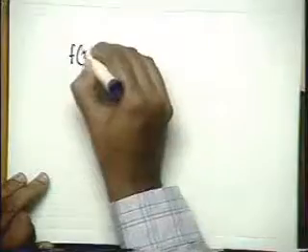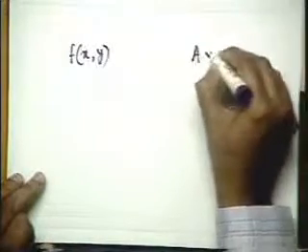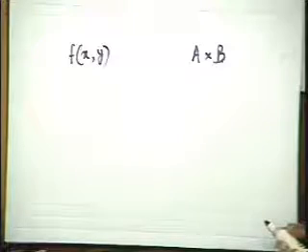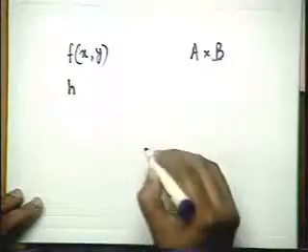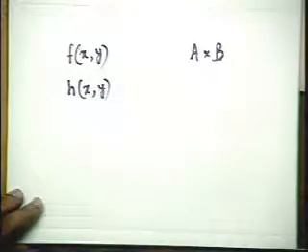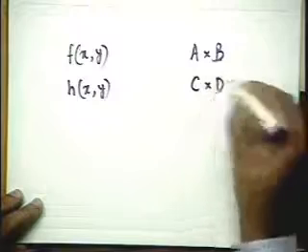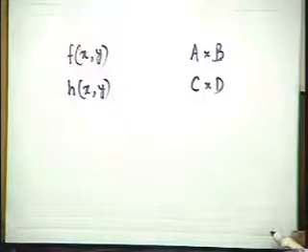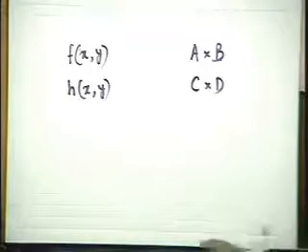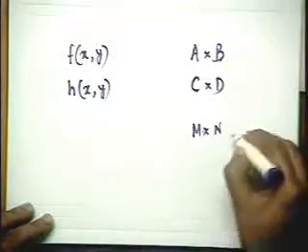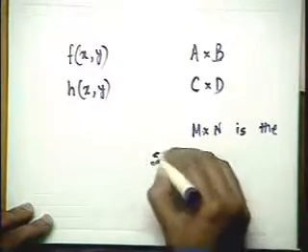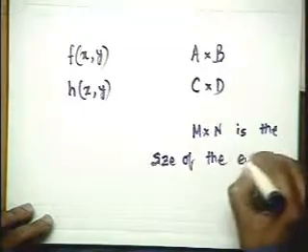Let us say that we have an image f(x,y) of size capital A by capital B. We are assuming the image f(x,y) to be of this size A by B, and we are also assuming that the impulse response function h(x,y) has a dimension equal to capital C by capital D.